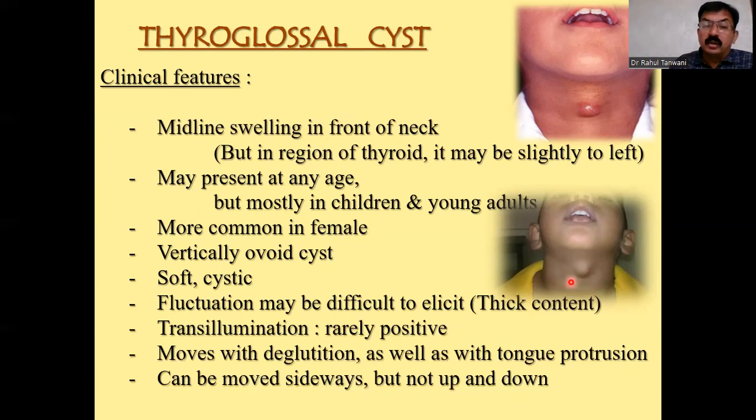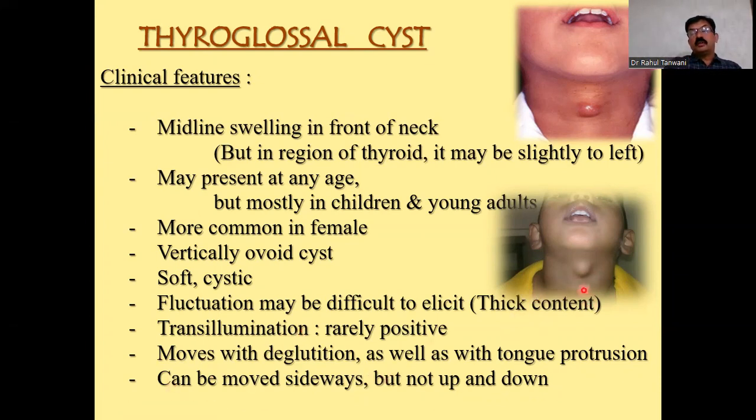That thread is tense. So any swelling which arises from some linear structure, like thyroglossal cyst or carotid body tumor or some neurofibroma or some vascular mass or related to some ligament, if it is arising from or attached to a linear structure, it will be mobile in the perpendicular direction to that structure, but not along with that structure. So the same principle is here.